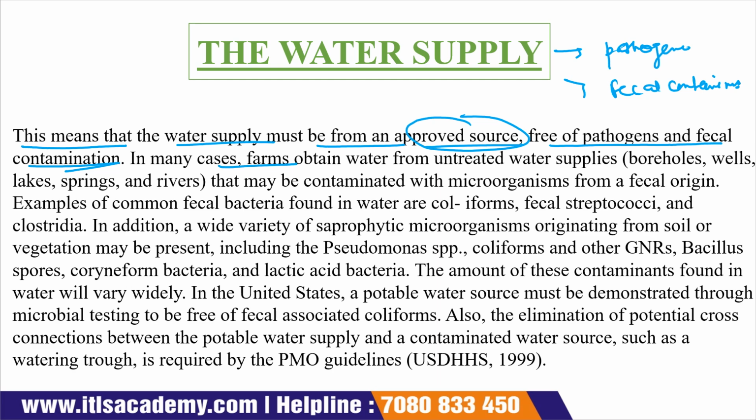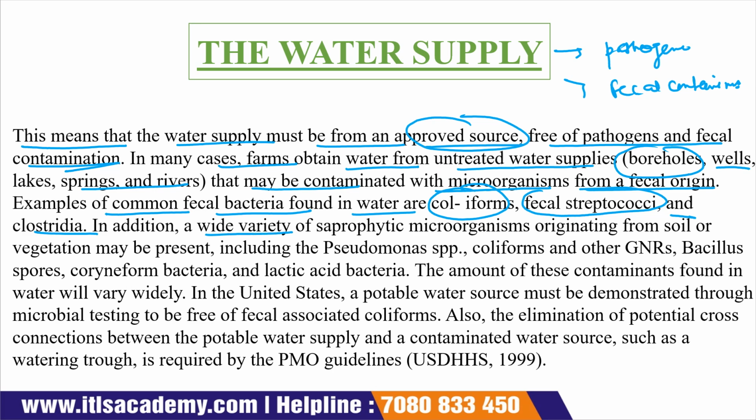In many cases, farms obtain water from untreated water supplies: boreholes, wells, lakes, springs, and rivers that may be contaminated with microorganisms of fecal origin. Examples of common fecal bacteria found in water are coliform, fecal streptococci, and Clostridia.